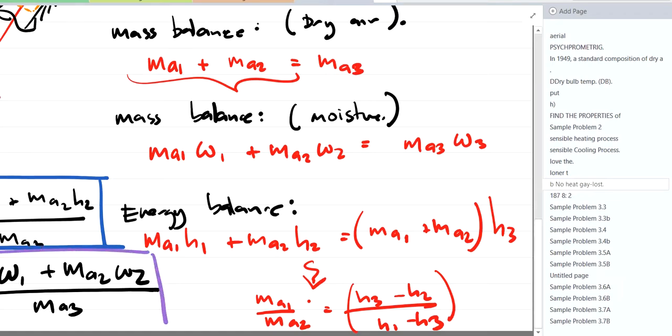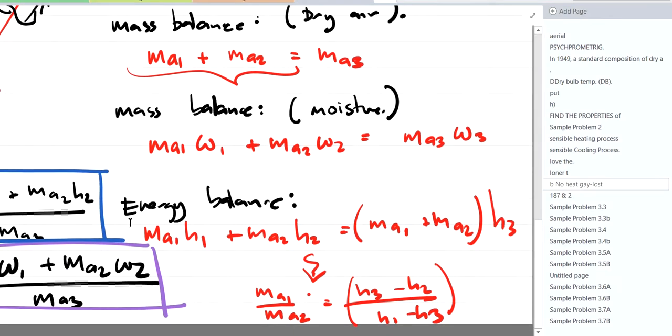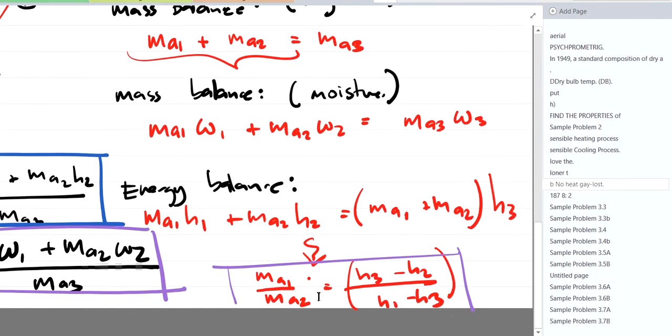So this will be our working equation later on. Sometimes it's expressed in the other form because it shows that the ratio of the mass flow rates is equal to the ratio of the differences. But anyway, you can do the math.